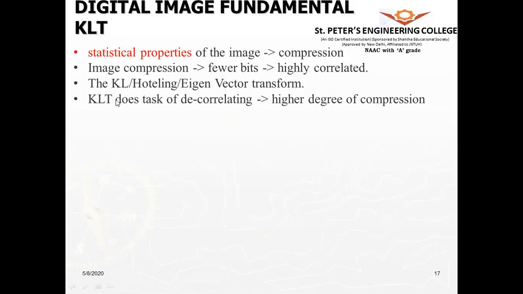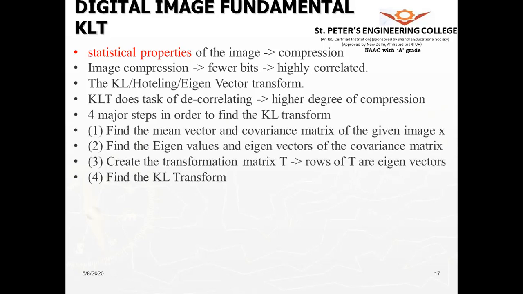What this KL transform does is, it first decorrelates the data, and once the decorrelation is done, then we can reduce or compress the image further. So this is the advantage of using the KL transform. How this KL transform works is in these 4 steps.